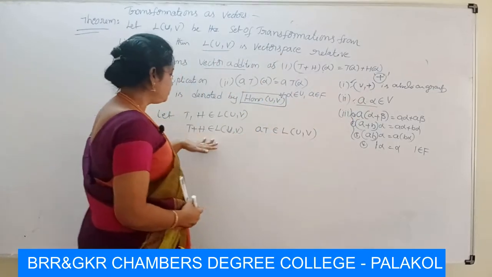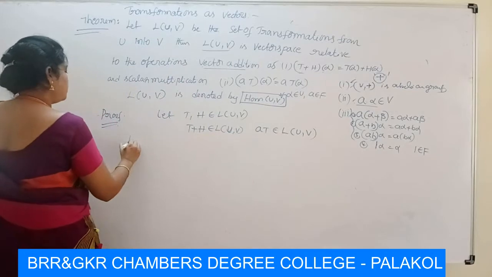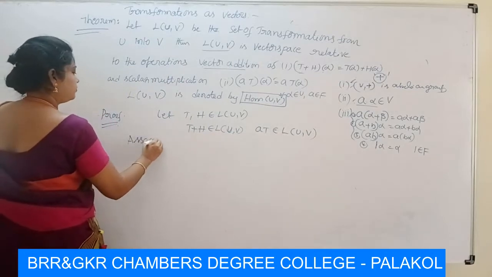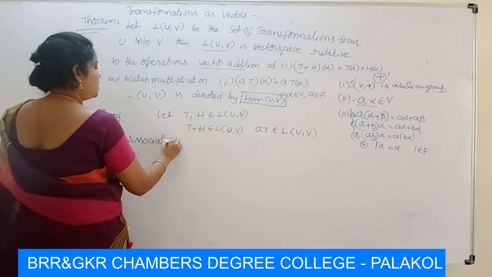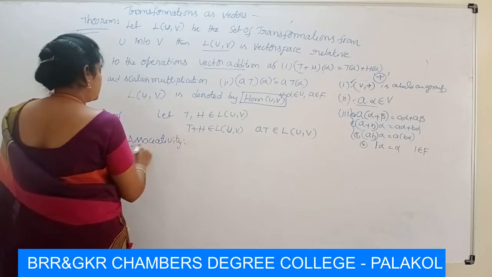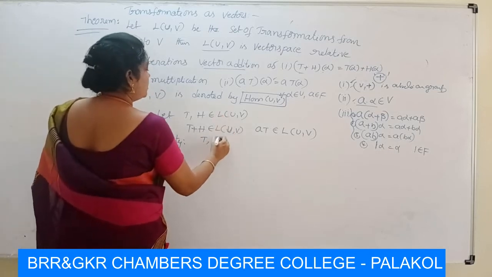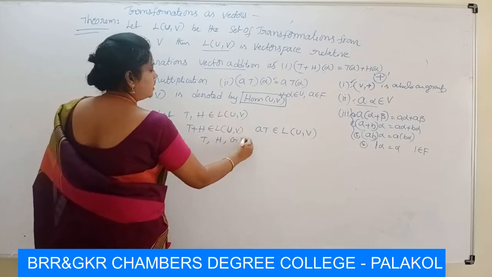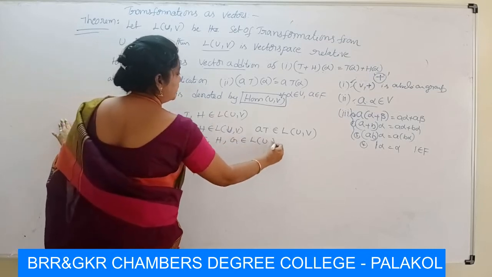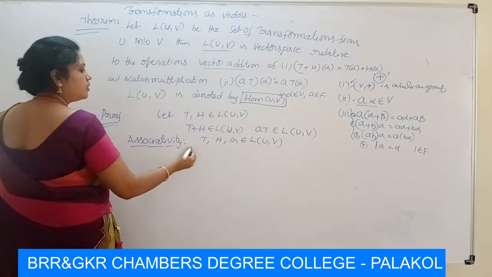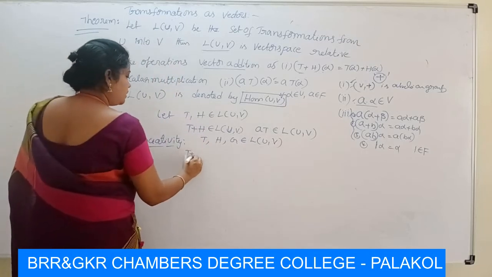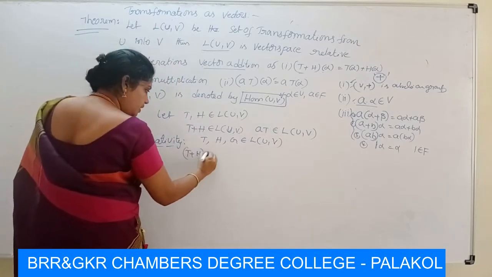So here first we prove associativity. That is, we take 3 transformations T comma H comma G belongs to L of UV. So T plus H plus G.